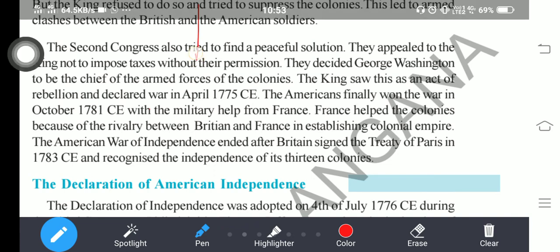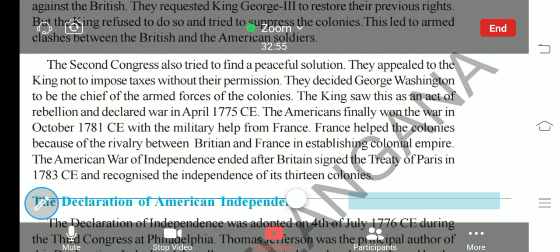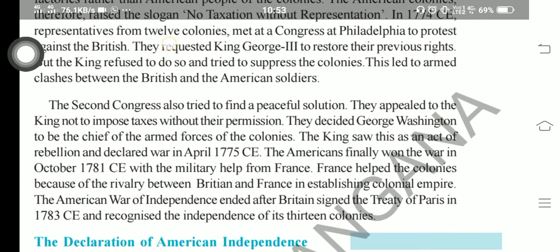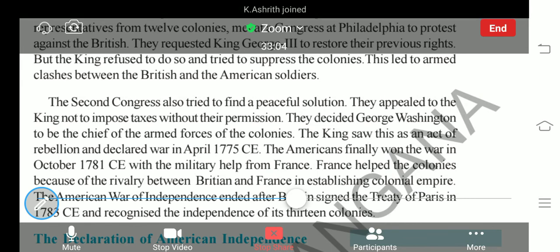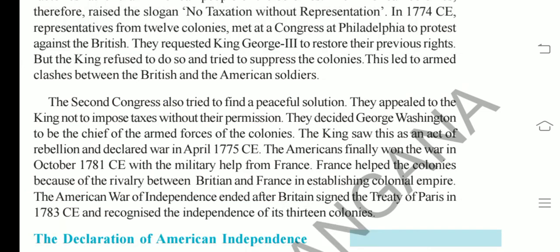So, dear students, we see that a number of countries started a struggle against colonial rule. Most of the countries of Asia, Africa, and Latin America were ruled by Britain, France, Spain, Portugal.